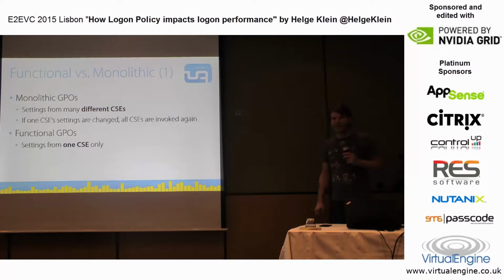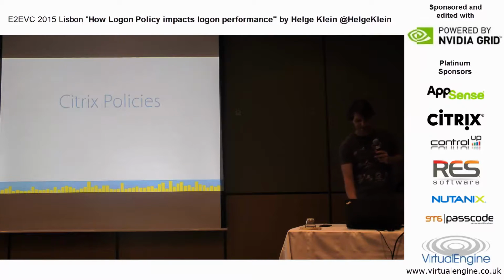That means if one of those client-side extension settings changes, the GPO is marked as changed, and everything that has been configured in that GPO will be reapplied the next time. If you have so-called functional GPOs, you have more or less one GPO per client-side extension, so one for environment variables, next for registry keys, and so on, and that doesn't happen.